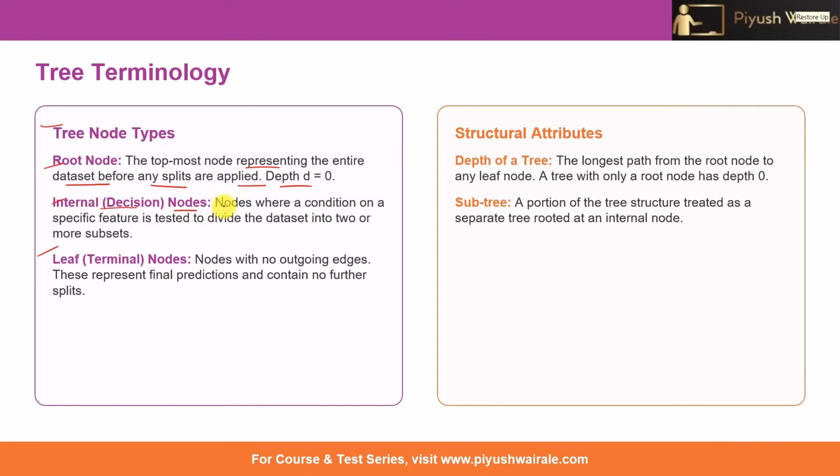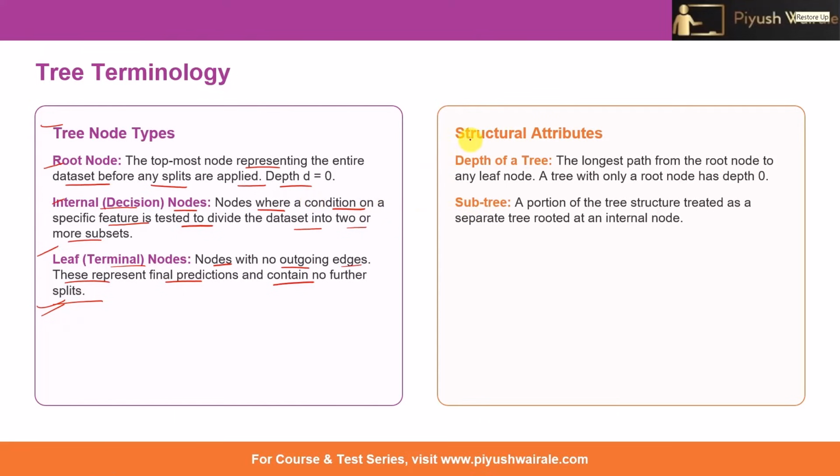The internal decision node is where a condition on a specific feature is tested to divide the dataset into two or more subsets. A leaf or terminal node has no outgoing edges. These represent the final prediction and contain no further splits.